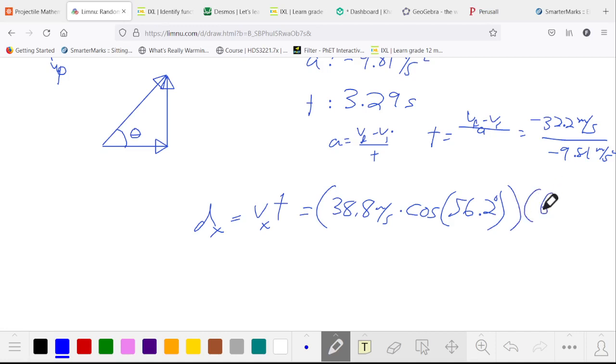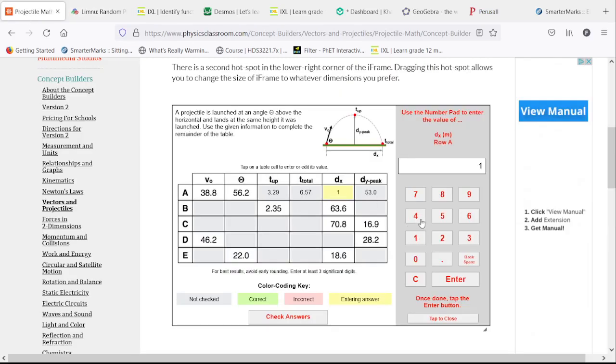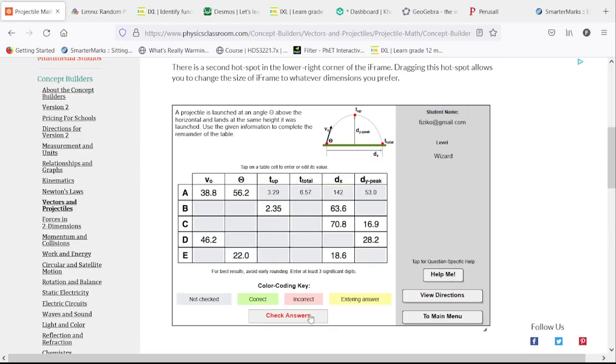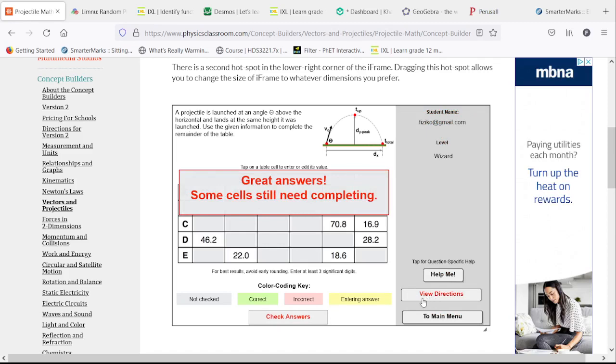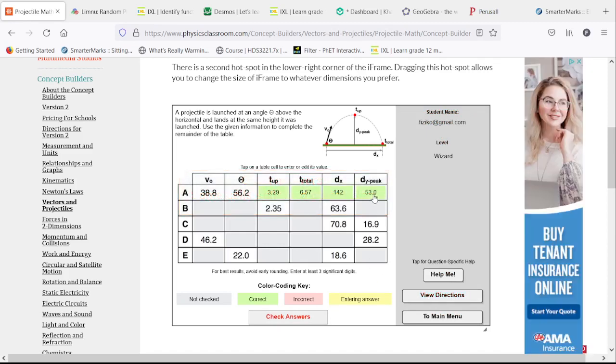And our time here, we use that 6.57 unrounded value from our calculator. So we put all of that together, and we get a number that rounds to 142 meters. So 142, we hit enter. We'll check our answers. And there we go. Our first problem is solved.